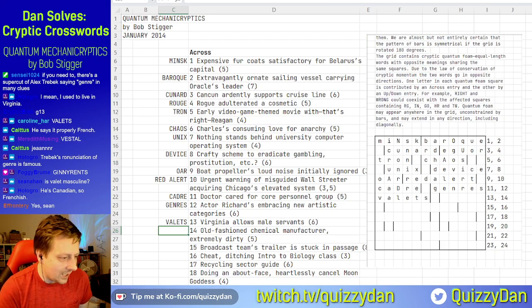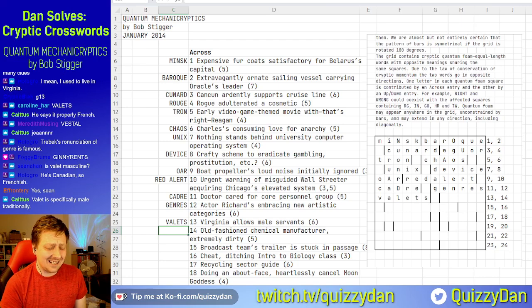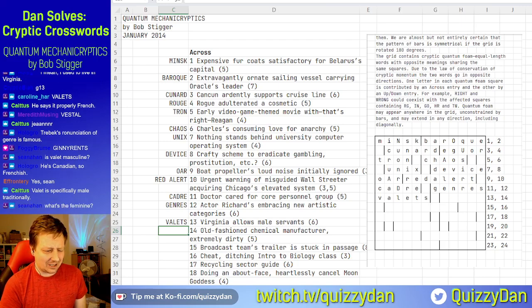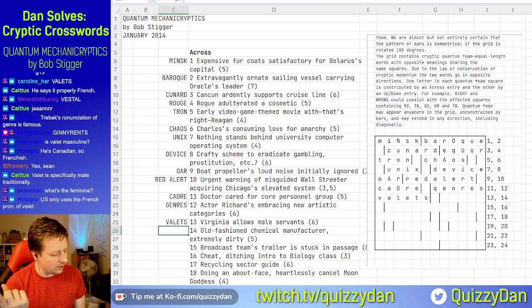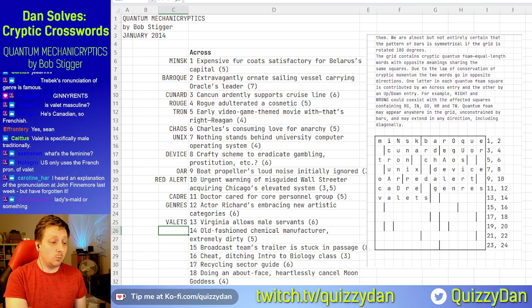Old-fashioned chemical manufacturer, extremely dirty. So it's probably going to mean old-fashioned. We're going to need a 3-letter chemical manufacturer, which is tickling the back of my brain. I think I do know it as an abbreviation. It's like UCI or UBI or something. Extremely dirty. So I'm assuming that's either Y or DY.